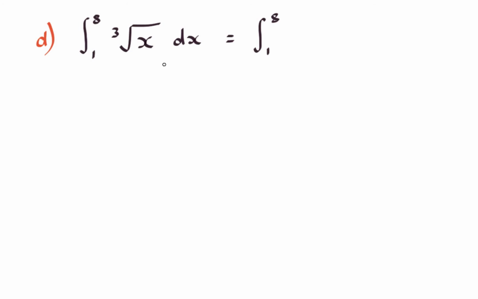Well, this is where we can use fractional indices. The cubed root of x is simply x to the power of 1/3. And now that it is in this form, we can raise the power by 1. So x to the power of 1/3 plus 1. That's 1 1/3 or 4/3.